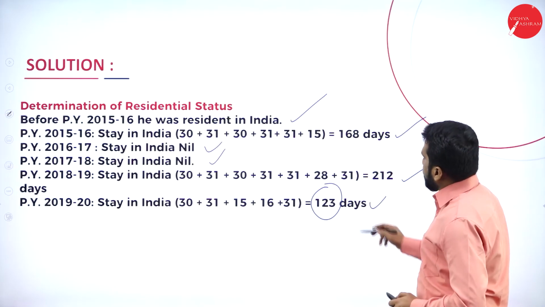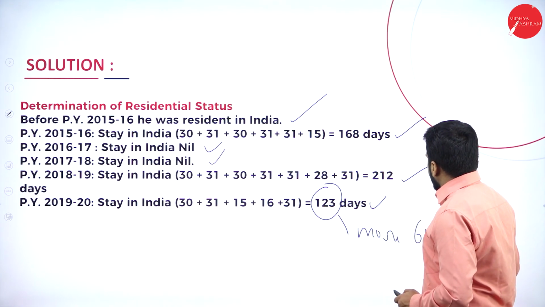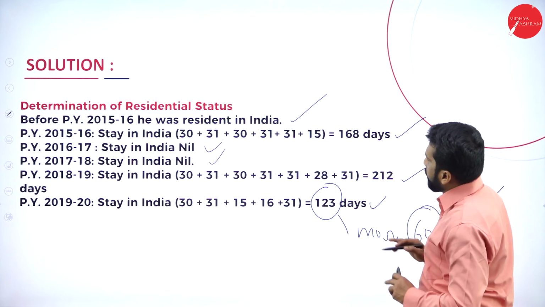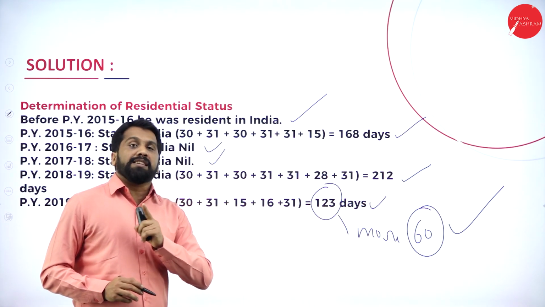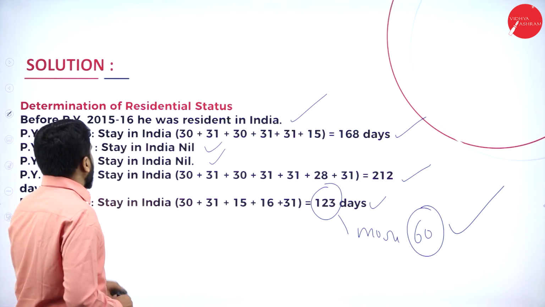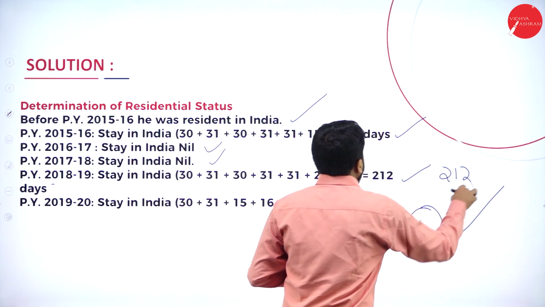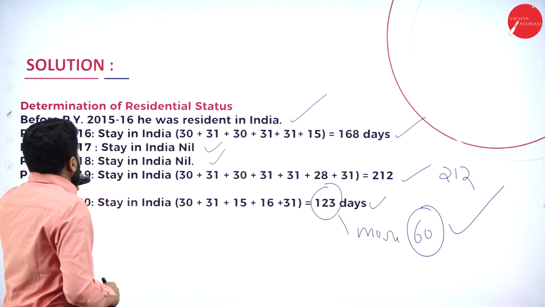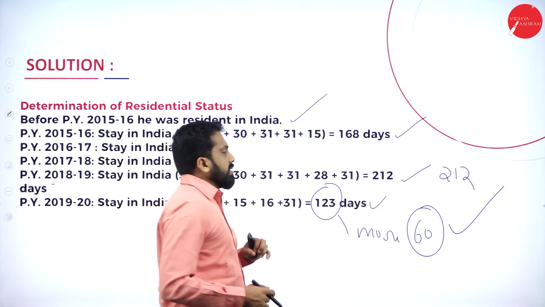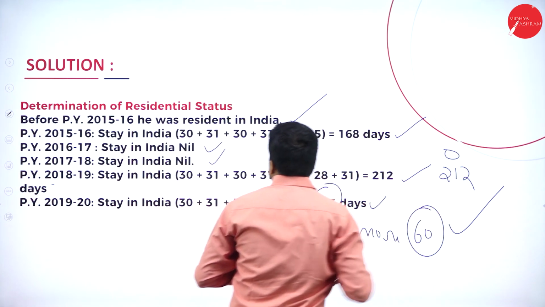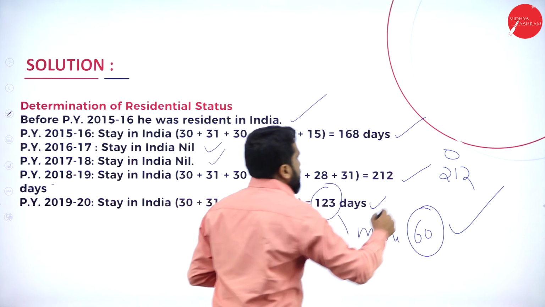Now, he was there for more than 60 days. Answer is yes. Now, in the previous 4 years, was he there for 365 days? We'll check. In 18 and 19, he was there for 212. In 17 and 18, he stayed in India. So how many days? 0. 16 and 17, how many days? Again, 0.